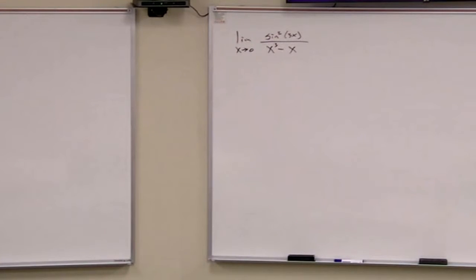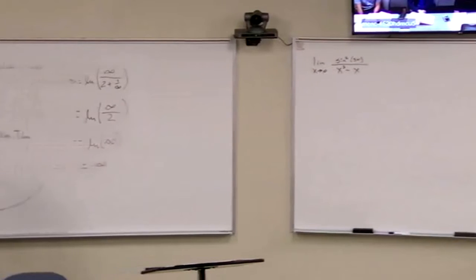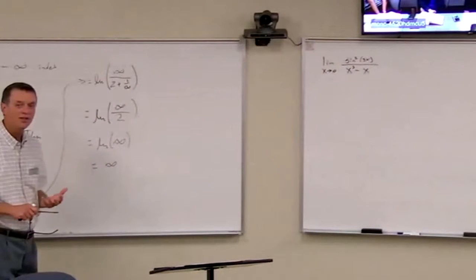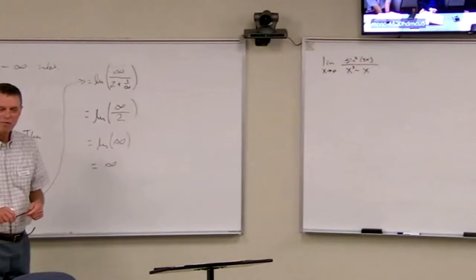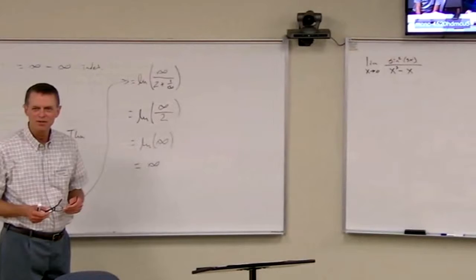I see something kind of vaguely similar to something we talked about yesterday, but it's not exactly. Maybe we can manage it and try to get it to look like it. Remember that proof we went over yesterday, the limit of sine of theta over theta as theta goes to 0 is 1?